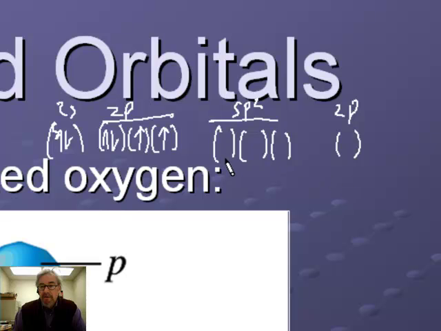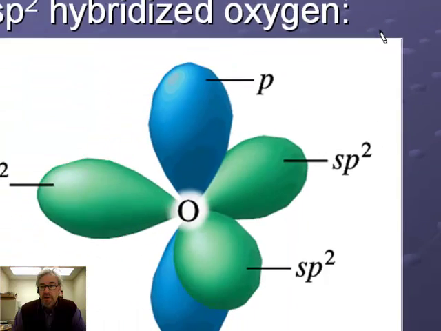So now oxygen could make three bonds by putting three electrons there. Probably it would leave an electron in 2p, and we might have lone pairs in hybrid orbitals. Lone pairs always occur in hybrid orbitals.